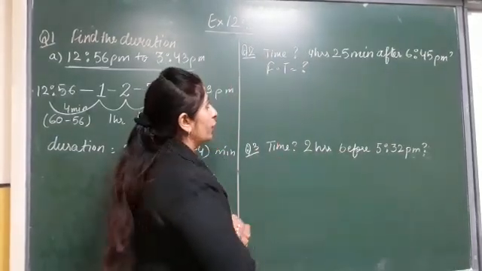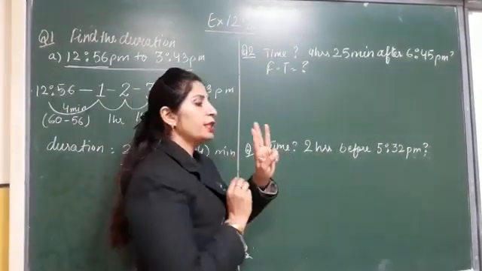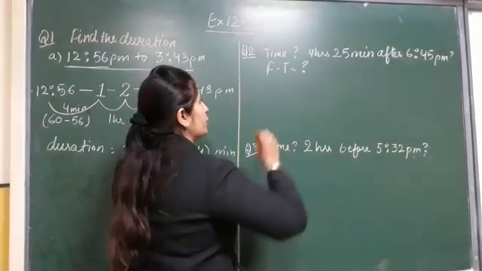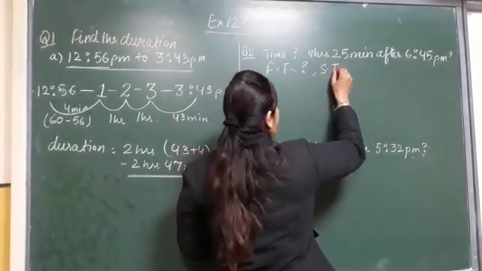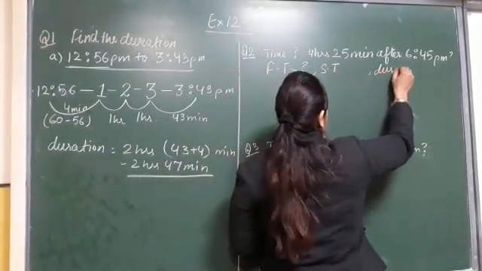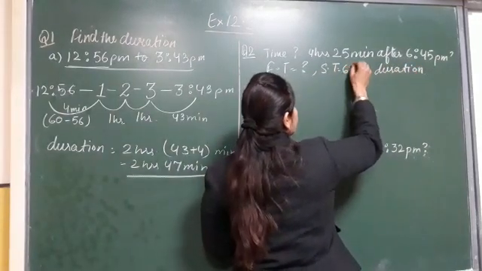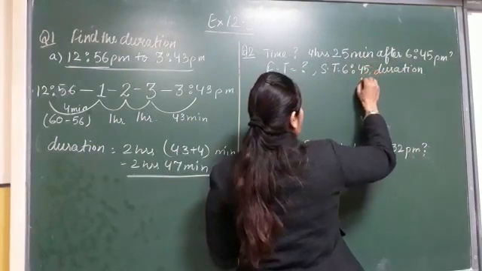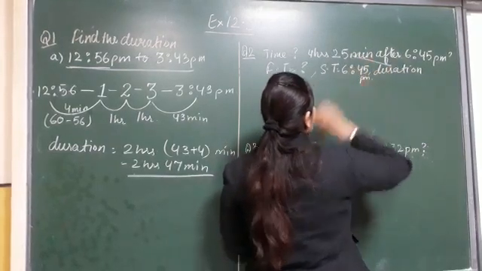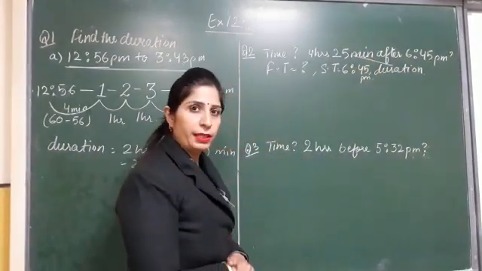So finish time, there are 3 things that you will be dealing with. Finish time, starting time, and duration. So starting time here is 6:45 p.m. and duration is 4 hours 25 minutes.